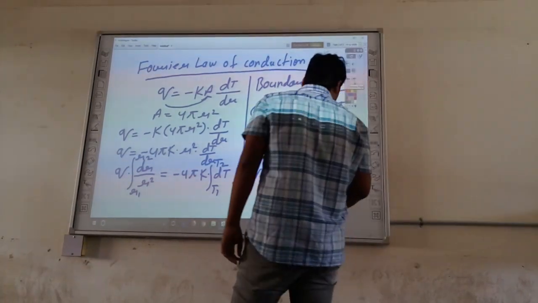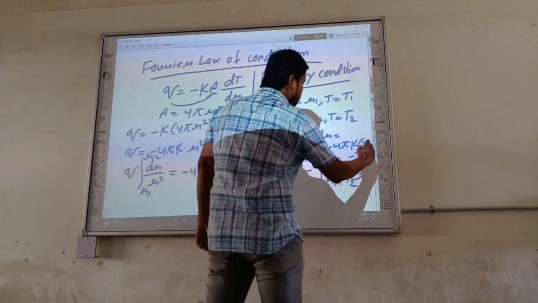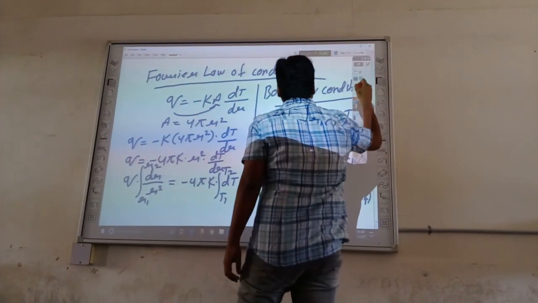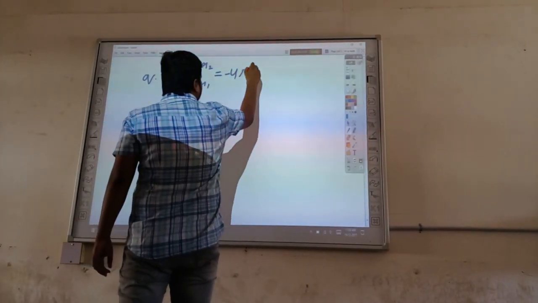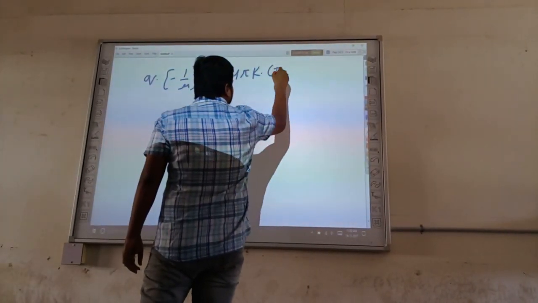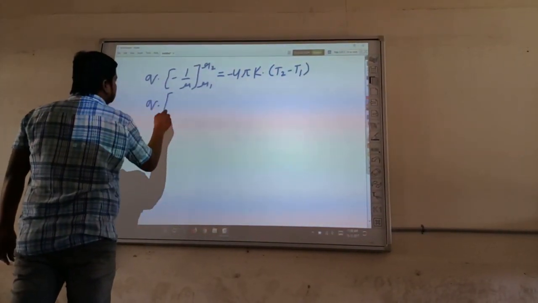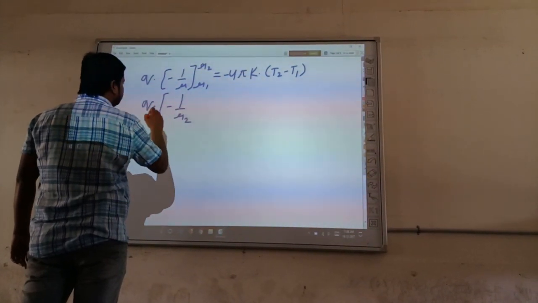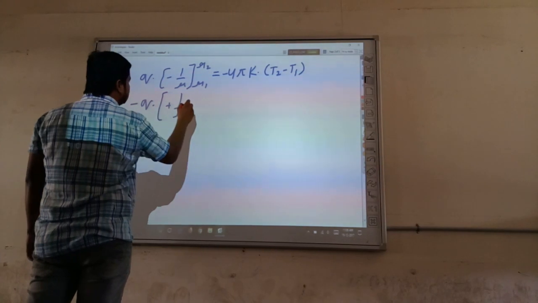Use T2 minus T, here also T2 minus T. Minus 4 pi K, T2 minus T1, minus 1 upon R2, minus this side.